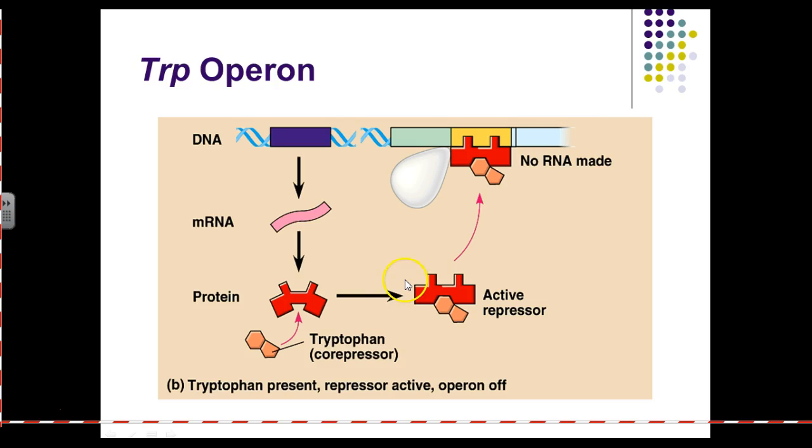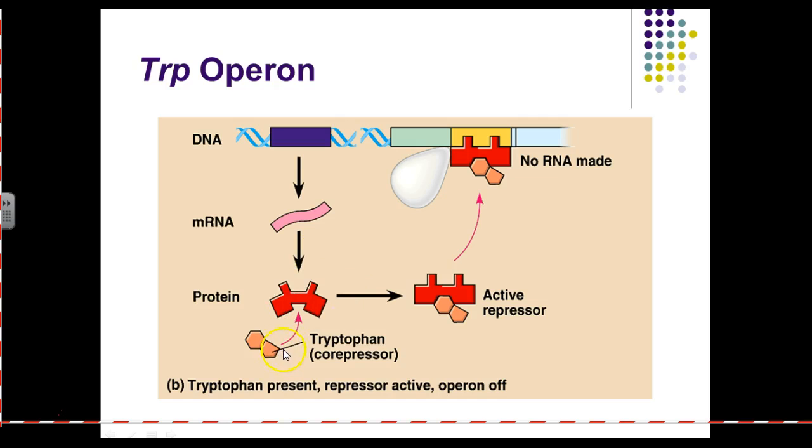So with the help of tryptophan in the environment, the tryptophan attaches to the repressor and alters its shape so that it can fit. It will plug right into that operator and block the passageway of the RNA polymerase and will effectively shut down transcription and turn off transcription because we don't need the tryptophan any longer.